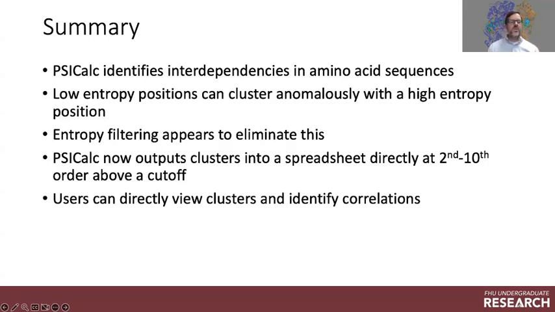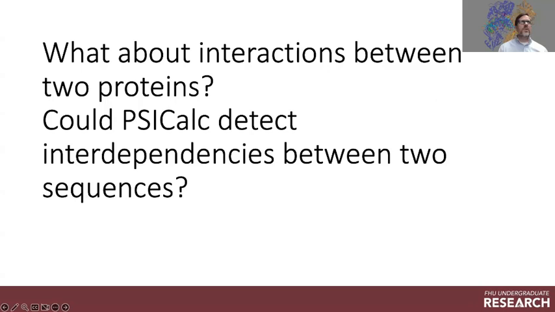So one of the questions that I want to mention here before I close that we've tried to get to is, if SciCalc can detect interdependencies within a sequence, is there any reason why you couldn't take two sequences and detect interdependencies between those two? And the answer is no, there's no reason you couldn't. We actually now have a version of SciCalc.